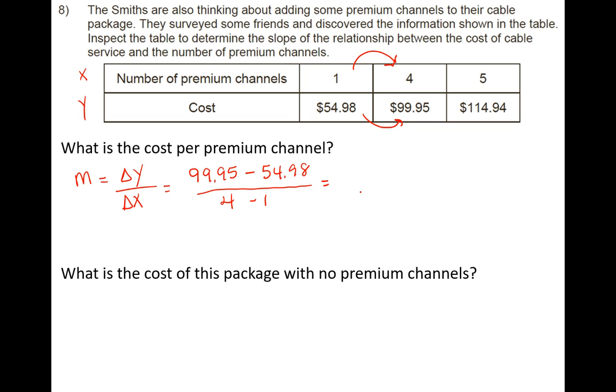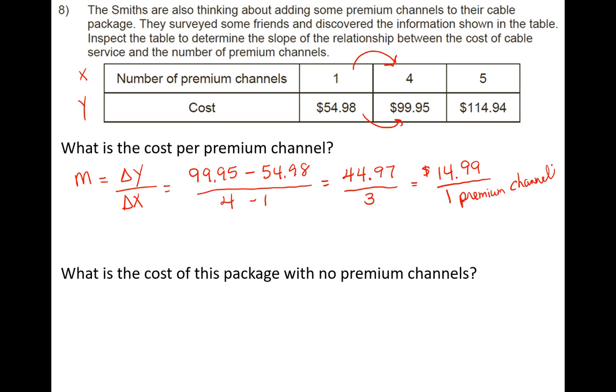It gives me 44.97. And of course, 4 minus 1 is 3. So that comes out to be, the top part is dollars, so $14.99. And of course, the bottom is for 1 premium channel.